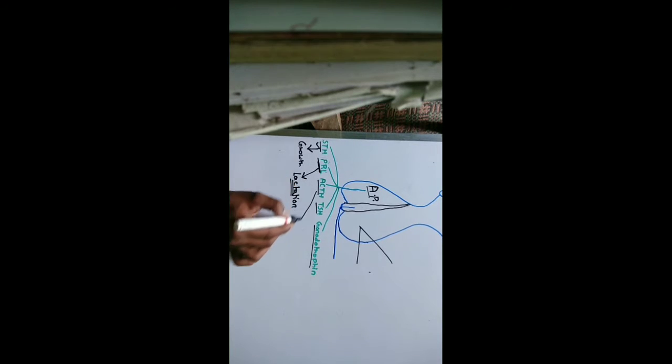Next is the adrenocorticotropic hormone. What is the role of adrenocorticotropic hormone? The role of ACTH is on the suprarenal gland, that means adrenal gland, and it acts on the cortex portion of the adrenal gland, that means adrenal cortex.